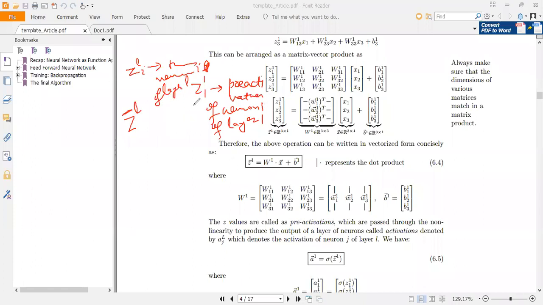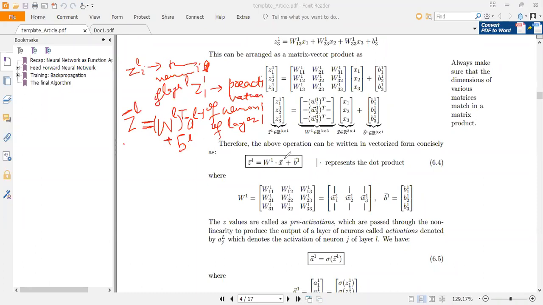If in a layer there are a certain number of neurons, I arrange them all inside a vector, and that gives me the pre-activation vector ZL, which in vectorized form is equal to WL transpose times AL minus 1, which is a vector, plus BL, the bias term.